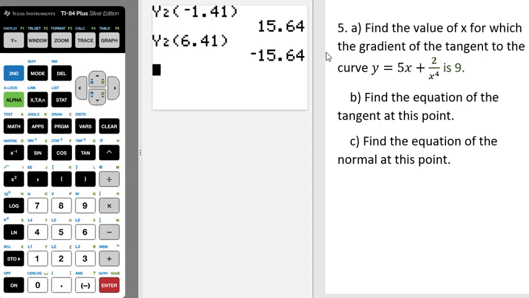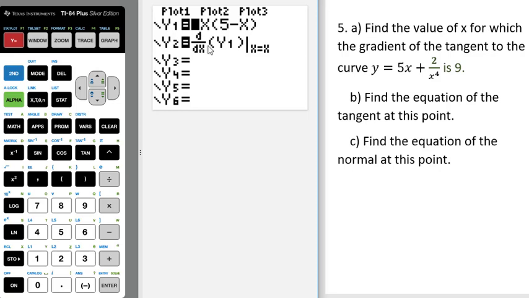Now let's go to number 5. Find the value of x for which the gradient of the tangent to the curve y equals 5x plus 2 over x to the 4th power is 9. We go to y1, clear y1, y2 always keep the same thing.